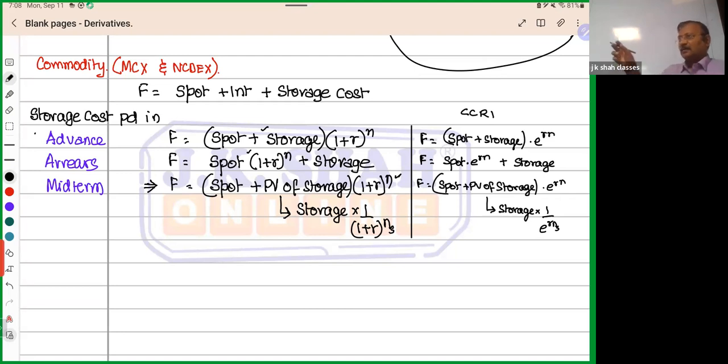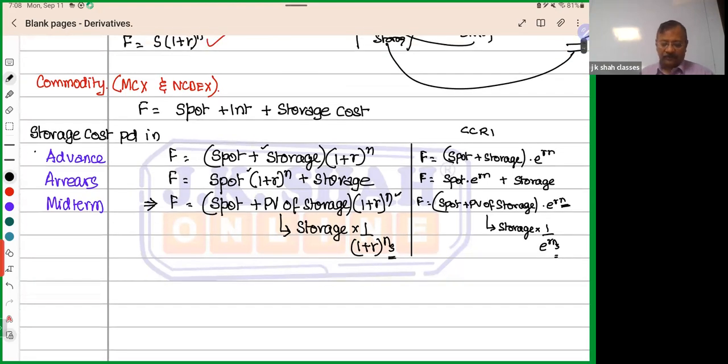That means the n here will be for the period of discounting of the storage cost, whereas the n there will be the period of the future contract. Okay. Now, so this is your normal compounding. This is your continuous compounding.